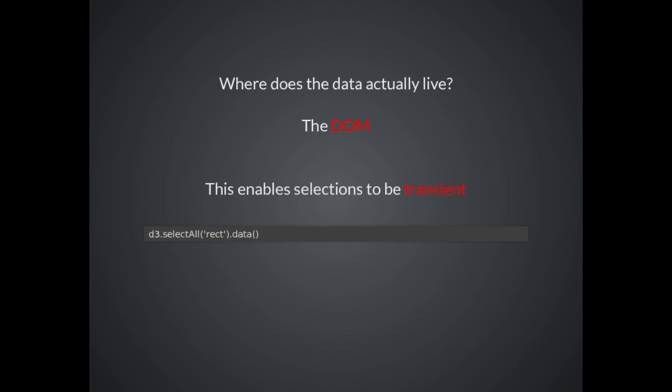No, it lives in the DOM, and it's attached to these elements. And so that means we can discard selections, we can create new selections, we can reselect things and change their data. And so when you are looking at the examples in D3, you're going to come across this a lot of times. And this is exactly why, because the data lives in the DOM. It enables you to do this.